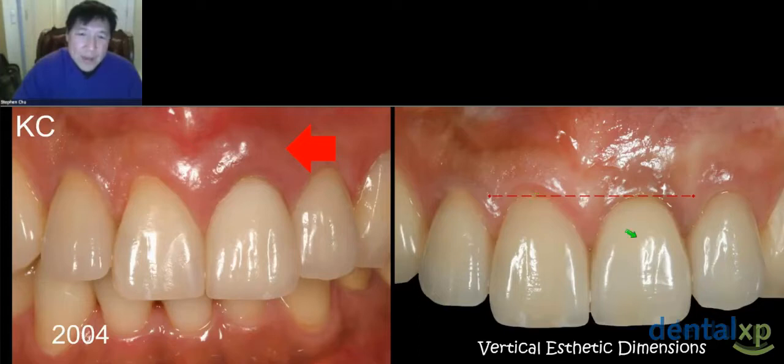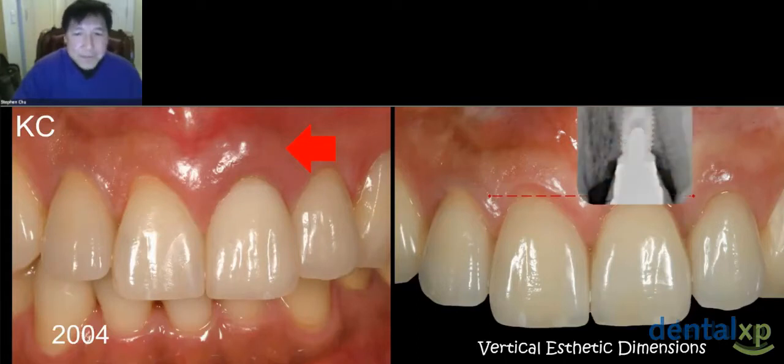Now, this implant was just placed, and the provisional restoration was placed on top of that, and no bone grafting was performed. Again, an Asian patient with a thin phenotype and a highly scalloped tooth and tissue form, thin tissue, thin gingiva. You can see an implant was placed in this site.